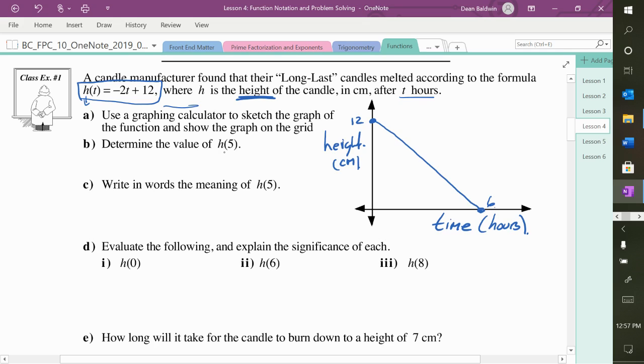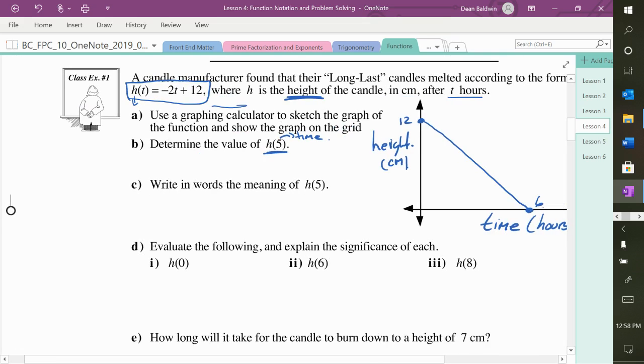So if I ask for h of 5, what am I actually asking here? What does the 5 represent? Exactly. This is your time because it's in the brackets. It's like your x value, but in this example, that is time. And where do you put whatever's in brackets when you have a formula? If this is our formula, where would I put the 5? In for x, which in this case would be t, right?